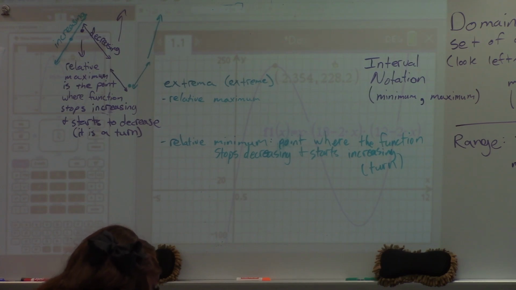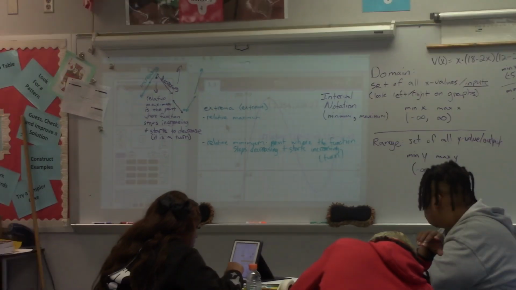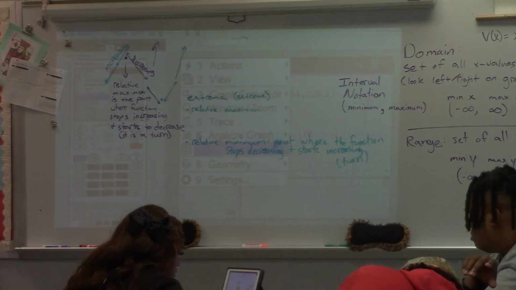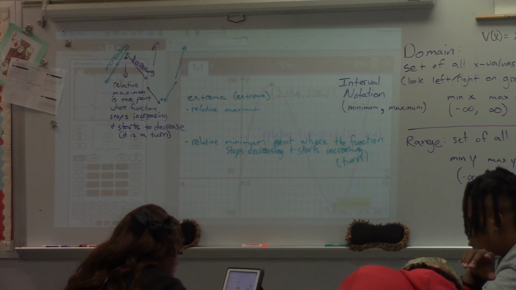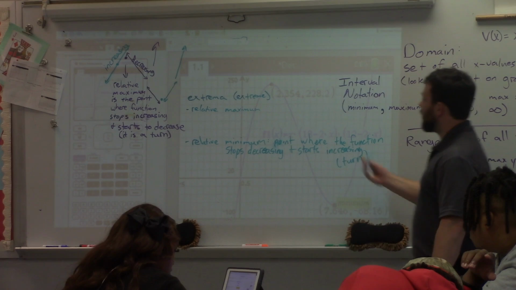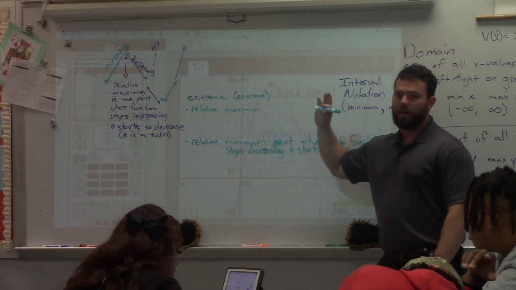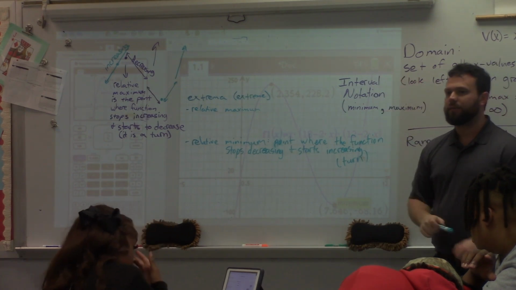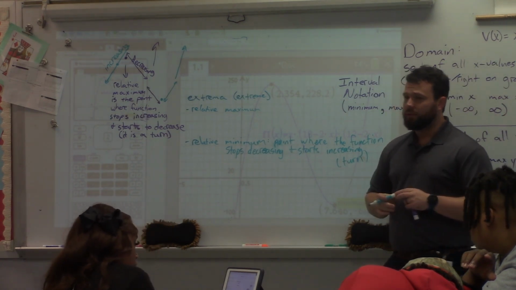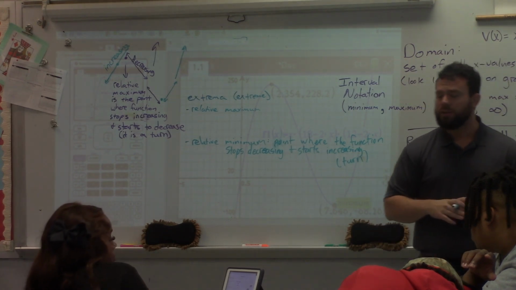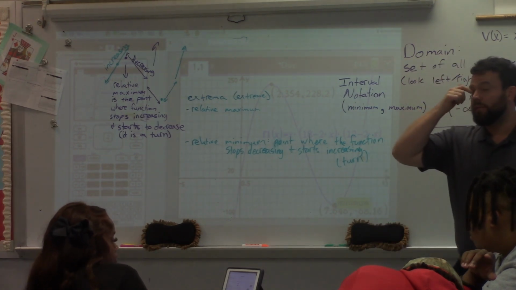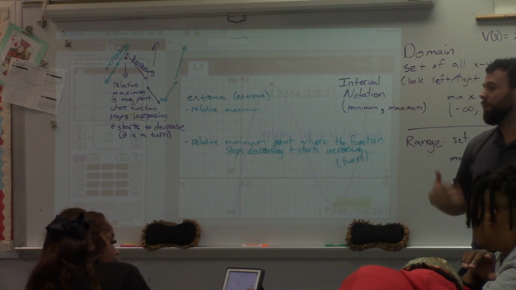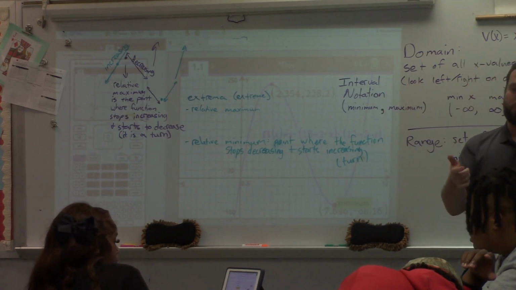So, what is my relative maximum for this function? The relative maximum is 2.27, 22.8. You can have different decimals, that's fine, as long as it's just a rounding error difference. One thing I want you to be aware of is when we say maximum and minimum, what we really mean is just the output.